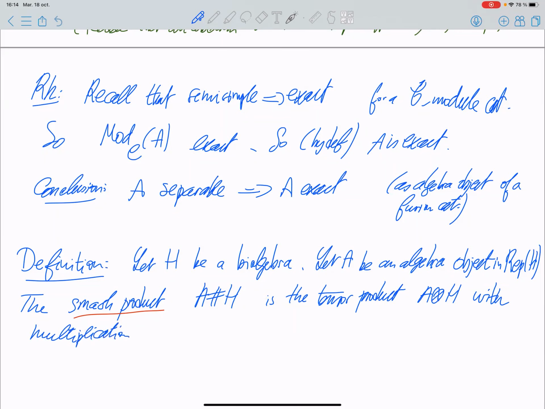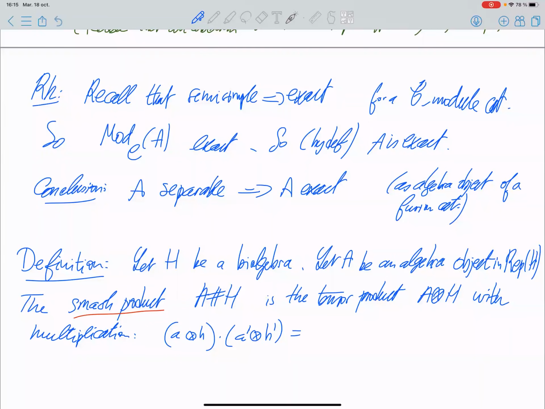with multiplication as follows. So A tensor H, two elements multiply. The multiplication will involve the co-multiplication of the bialgebra.